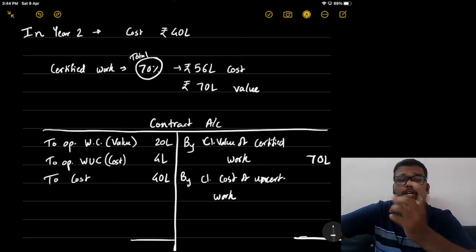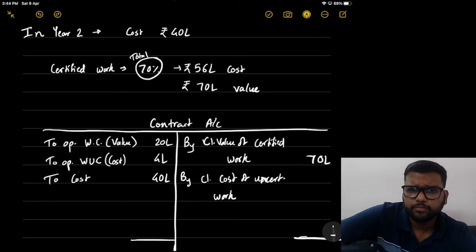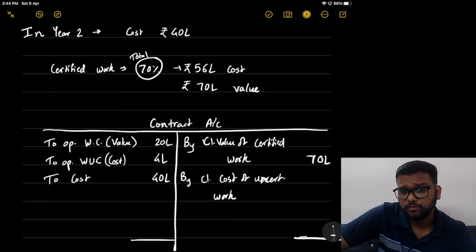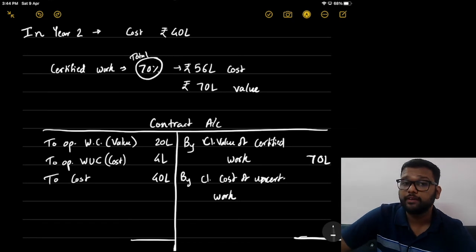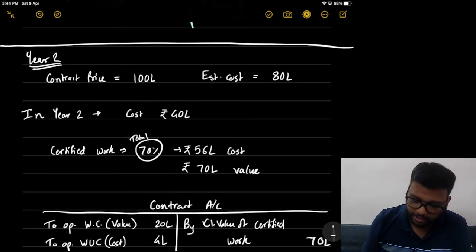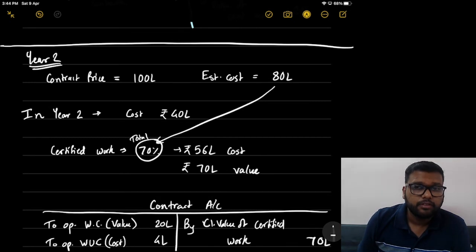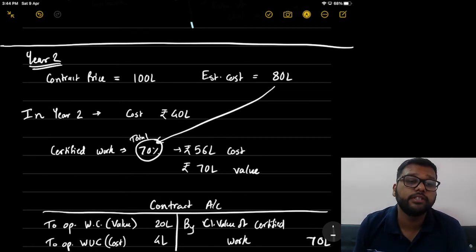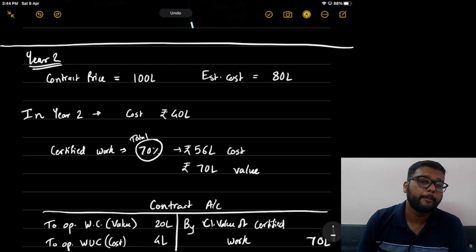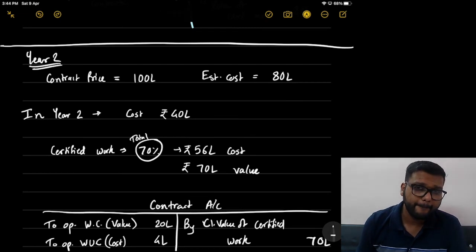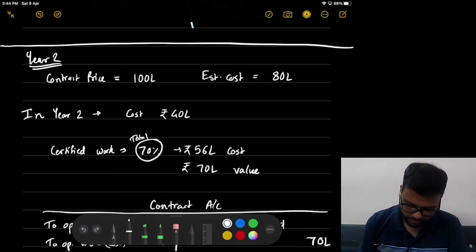Of 60 lakhs, how much is certified cost? 70%. No, that was 70% of total, Akanksha, right? So, how much amount is certified? Forget about percentage. Let's have directly given you these figures.